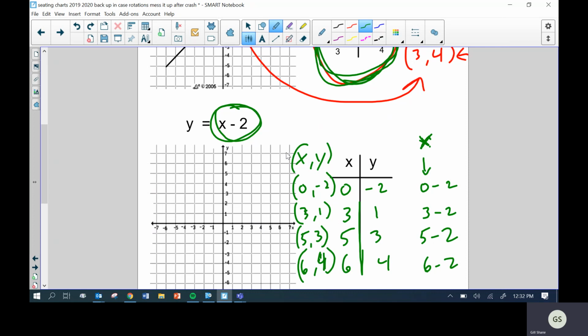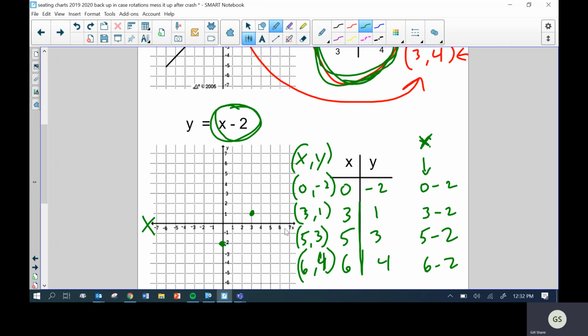If I plot those on here, 0, comma, negative 2 would be right there. 3, comma, 1. Again, I go left and right first. So I go to the right to get to positive 3 on the x-axis. And then from there, I go up 1. So that would put me right there. So now I can do 5, comma, 3.